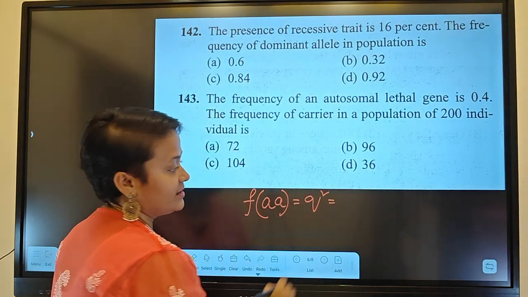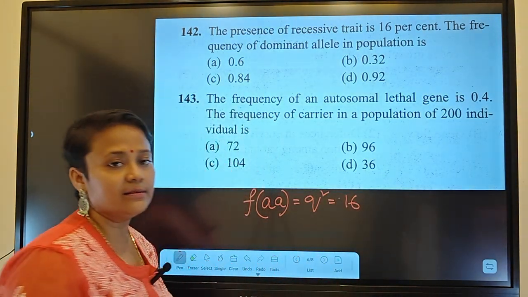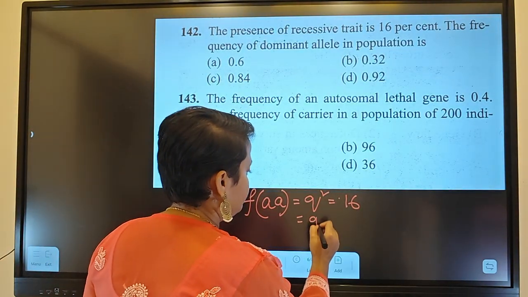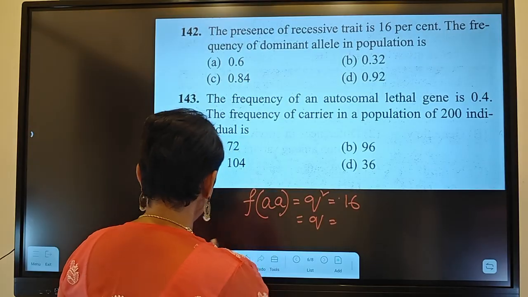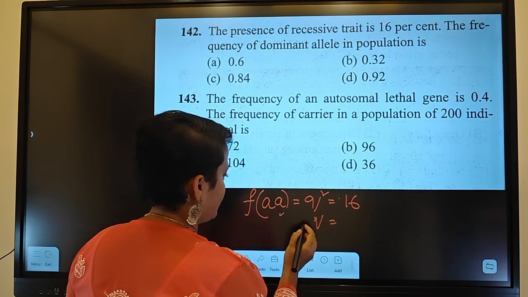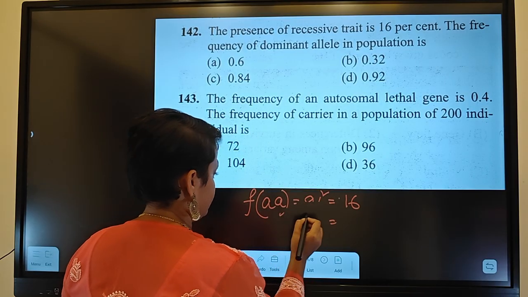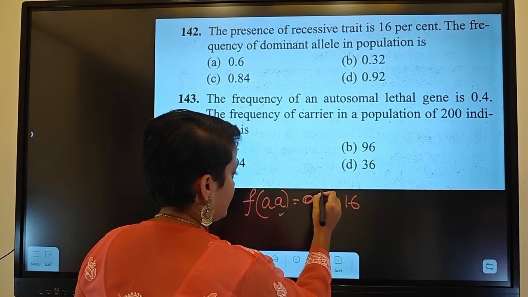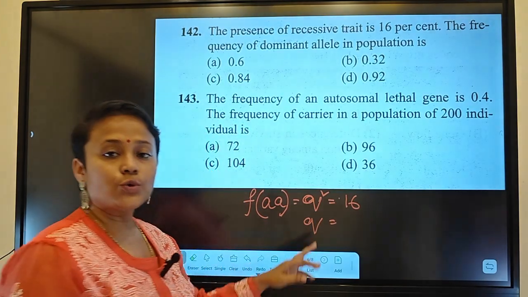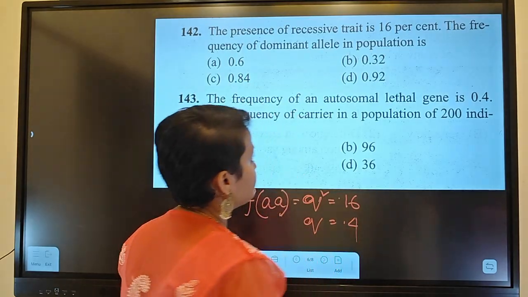Q square is 16%, means 16 by 100, that means 0.16. So q square is 0.16, so q will be the root of 0.16, that is 0.4, right?